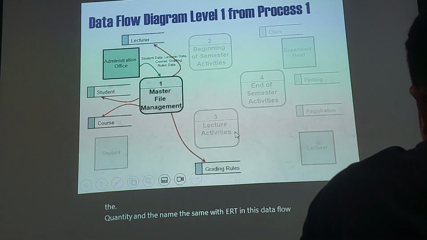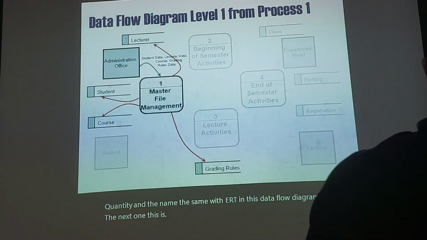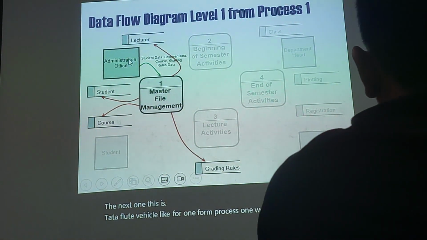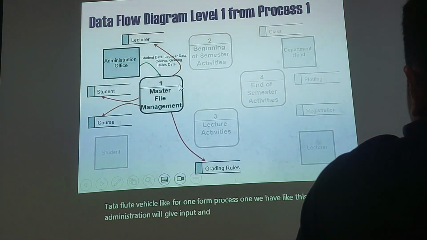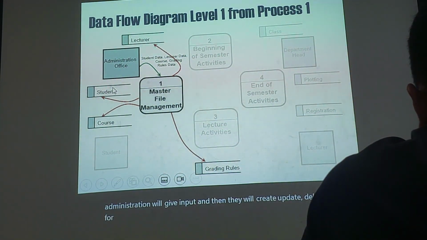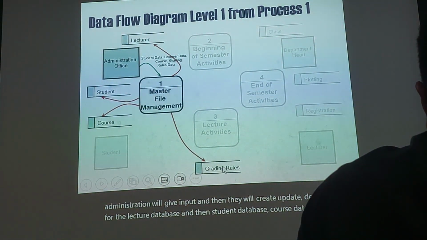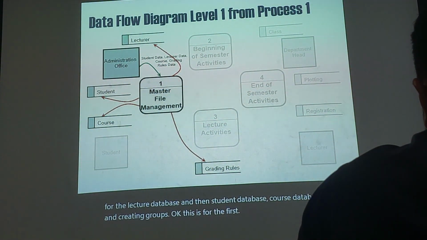The next one is data flow diagram level 1 from process 1. We have it like this. So administration will give input and then they will create, update, delete for the lecture database, student database, course database and grading. Okay, this is for the first process.